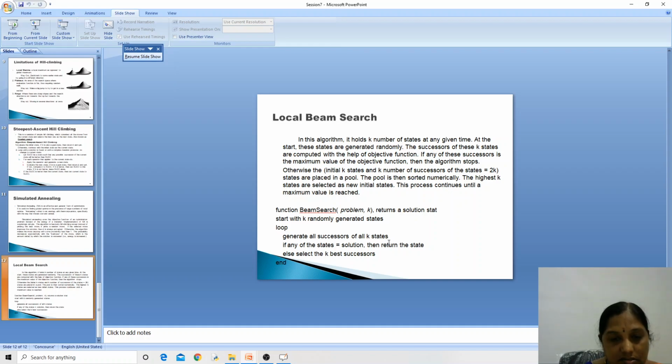If any one of the states is the solution, select that solution and return. Otherwise, select the state which is the best, and move to that best state from the current state. This is our local beam search.